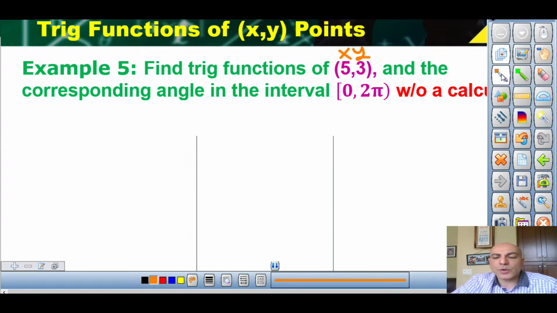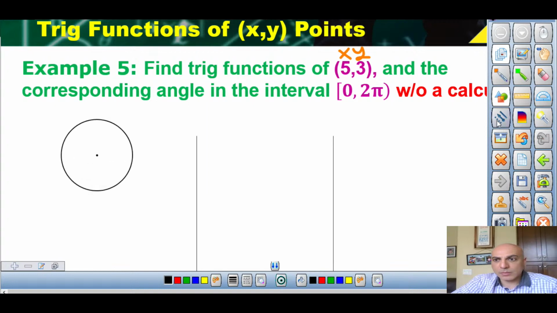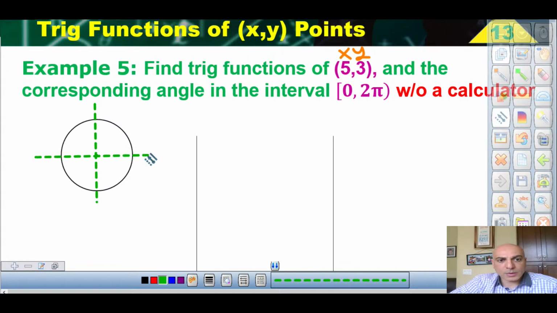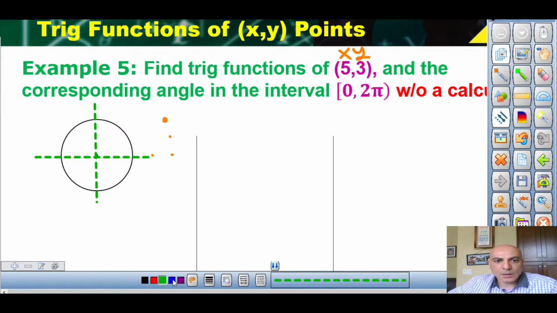I'm going to put my angle, and it's not going to be perfectly done, but as much as we can. 5, 3 is probably somewhere here. If this is 1 on the unit circle, then 2, 3, 4, 5 across and 1, 2, 3 up, somewhere here.